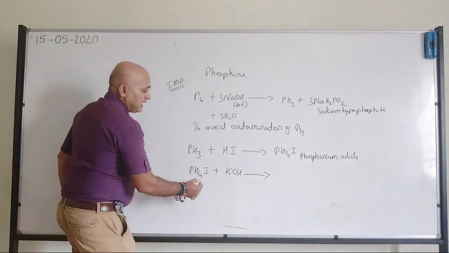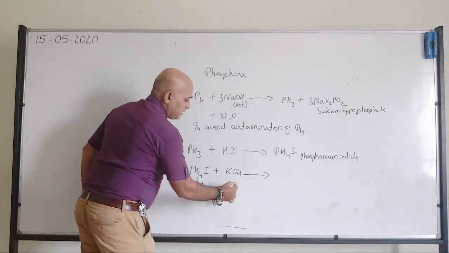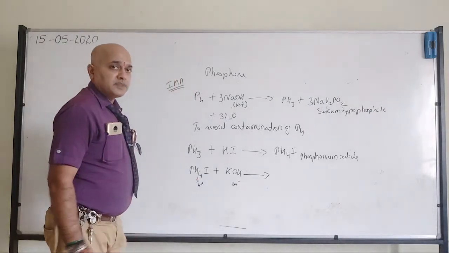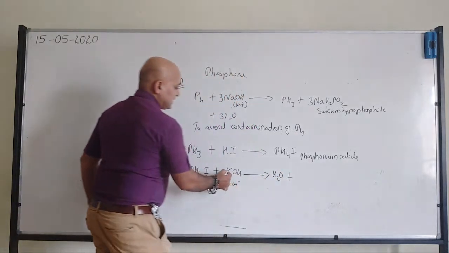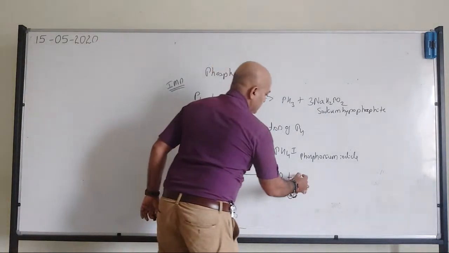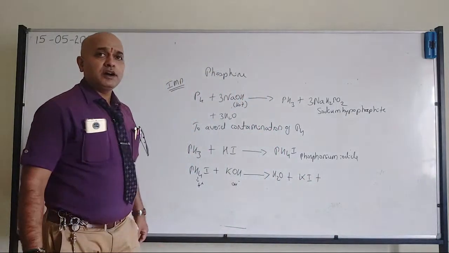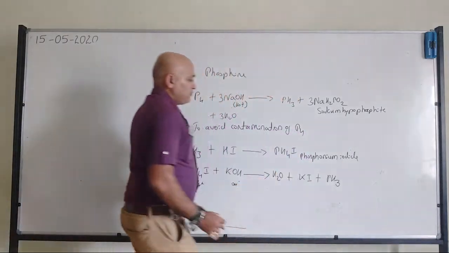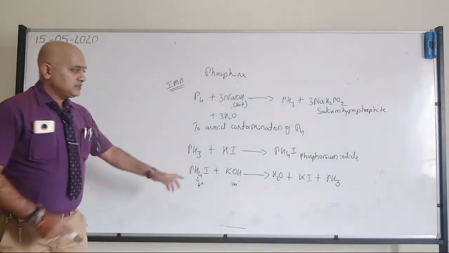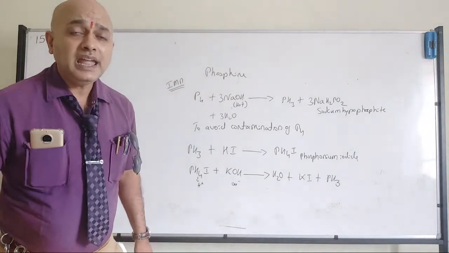So 1 H plus from here, OH minus from there, so there will be H2O. Then K plus I minus, that's potassium iodide. So what is left over? Left over is PH3. So that's how contamination of white phosphorus can be avoided.